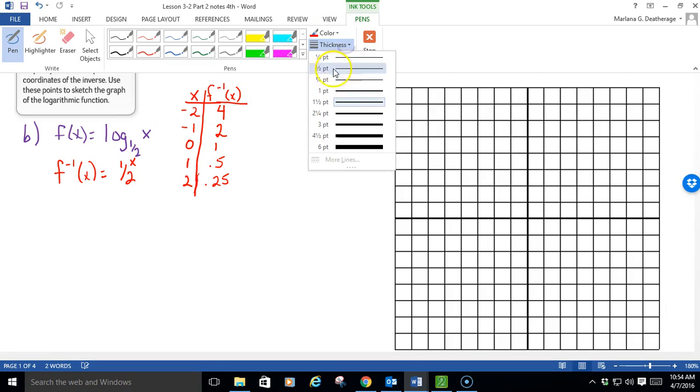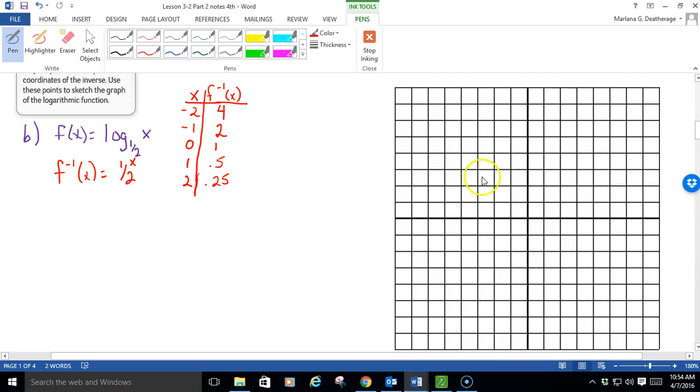Oh, I hit the wrong thing every time. -2, 1, 2, 3, 4. -1, 2. 0, 1. 1, 1.5, 2, 2.25. Let's see if I can graph it with the thick one.